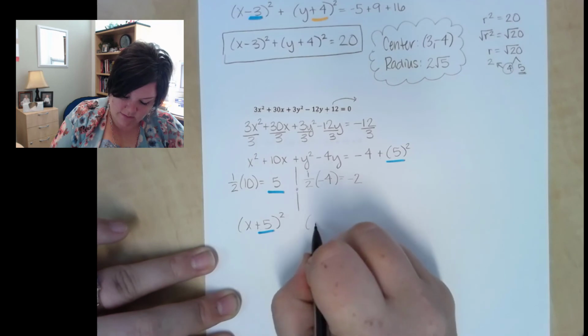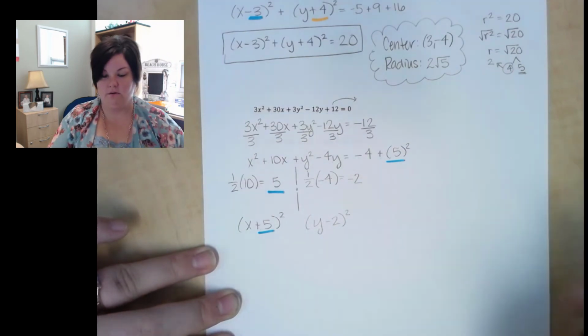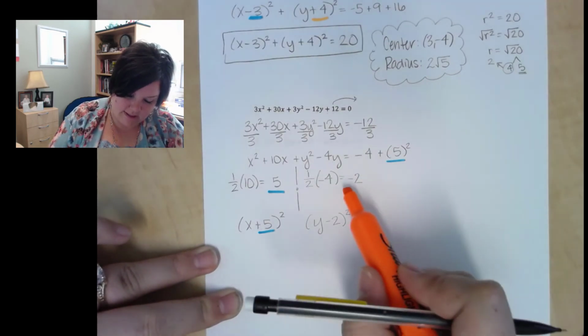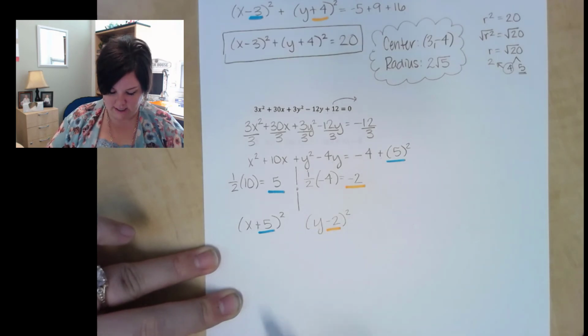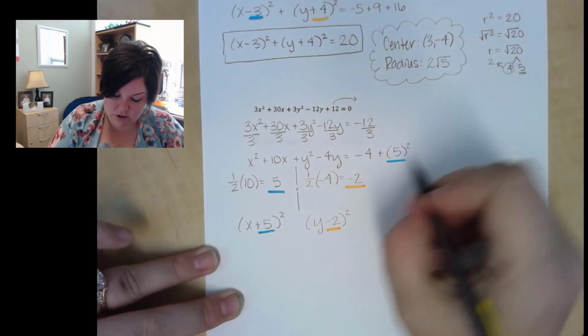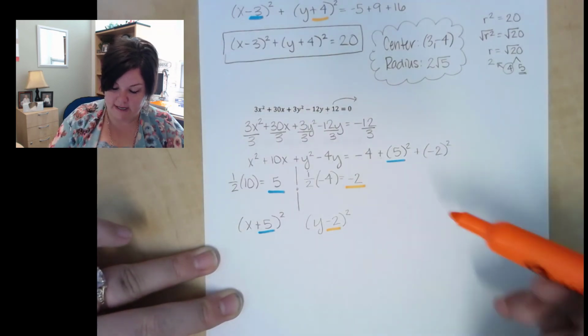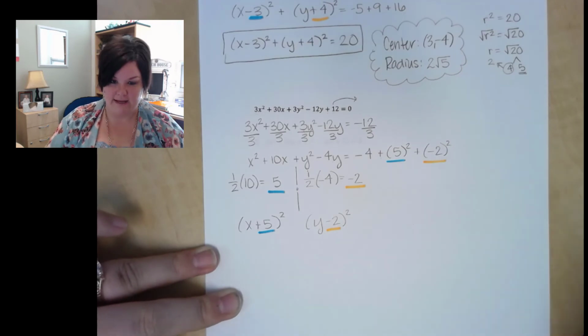We know this is going to be the factor y minus 2 squared, right? Because whenever we take half of our y term, we got negative 2, which means negative 2 goes in our squared quantity, and negative 2 is what we're going to square and add to the right-hand side. Don't forget to add it to the right-hand side, okay?